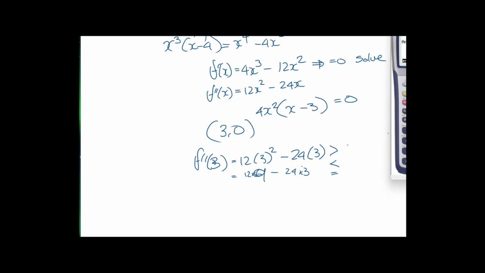So that is less than 36, therefore it's a minima. And then 0: 12 times 0 minus 24 times 0 is 0, so therefore it's a saddle point.